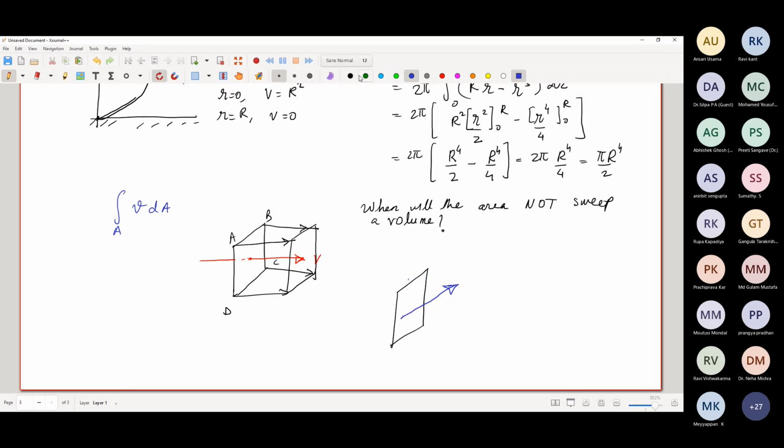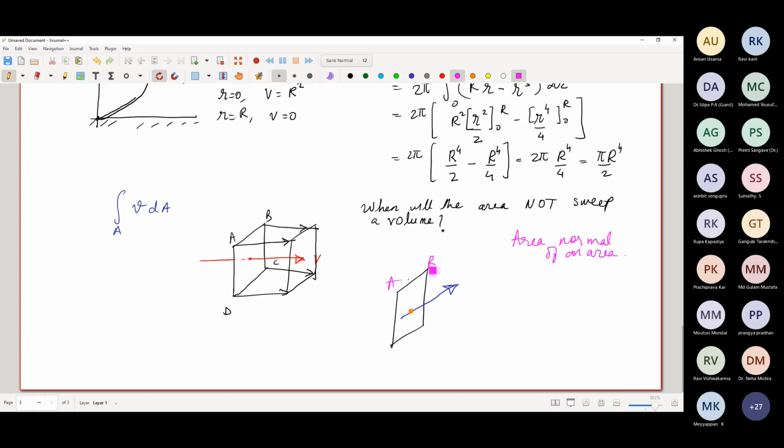So the mathematical way of describing this fact that the direction of sweeping is important is achieved by defining what we call the area normal, or area vector, of an area.